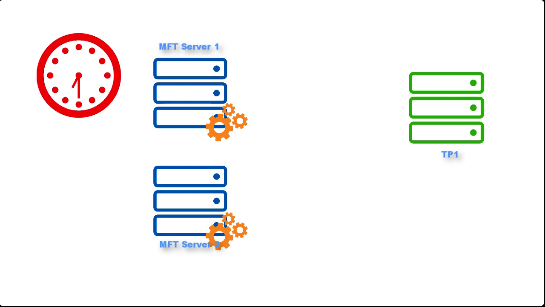That shouldn't be a problem, right? But by virtue of being a node in an active HA cluster, MFT Server 2 would also have that same trigger. Thus, MFT Server 2 will also transmit the same file to the same trading partner at approximately the same time, just like what you saw in the logs. These duplicate trigger executions can cause a lot of confusion.